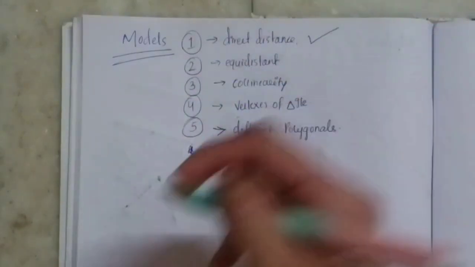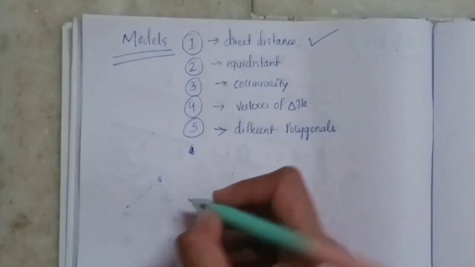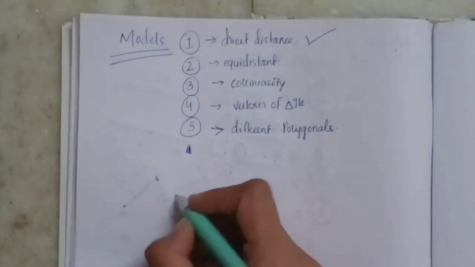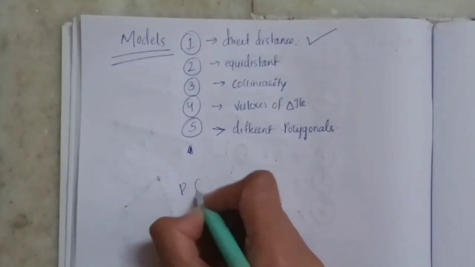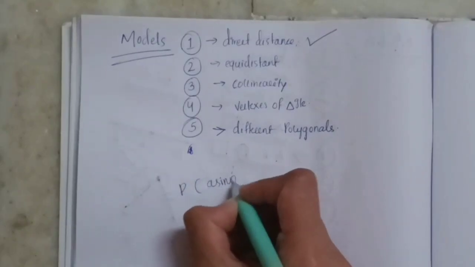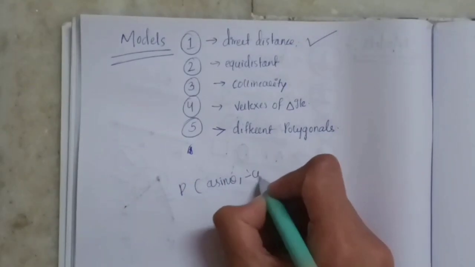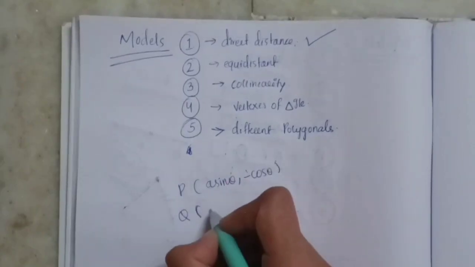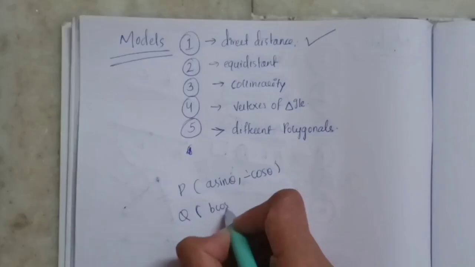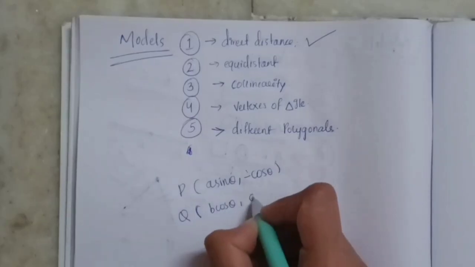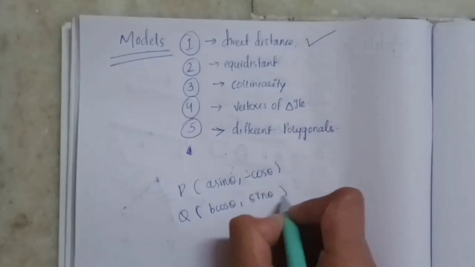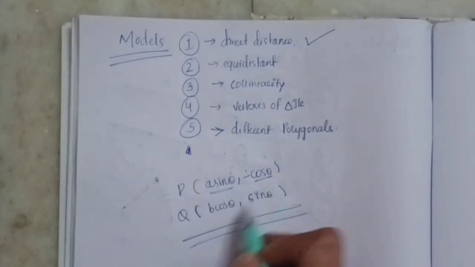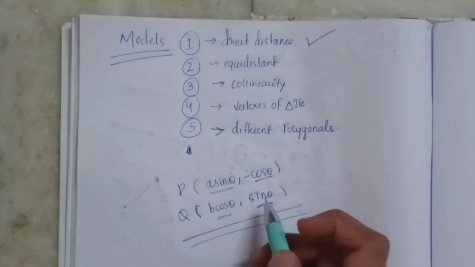We have seen 2 examples, and let us see one more example too, which is integrated with trigonometry. So there is a point P which is a sine theta comma minus cos theta, and a point Q which is b cos theta comma sine theta. These are the 2 points. It is integrated with the trigonometry, right?